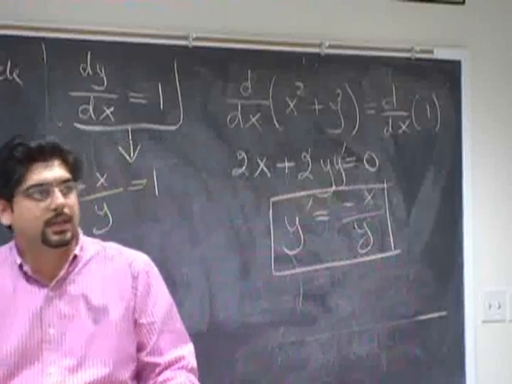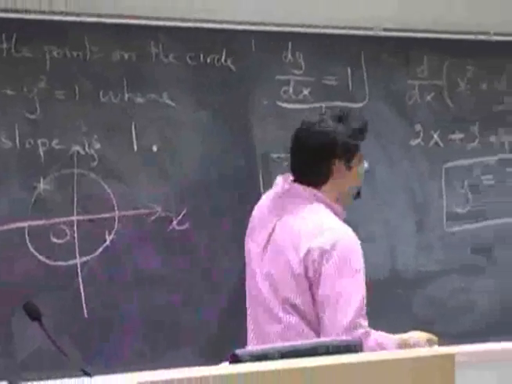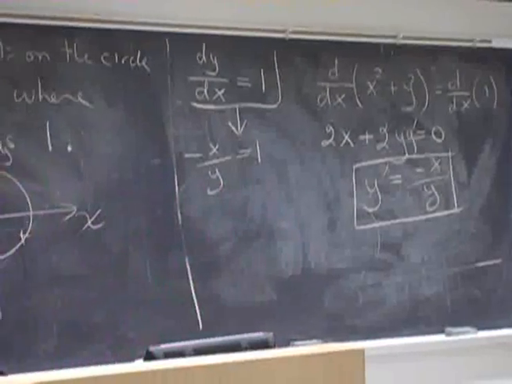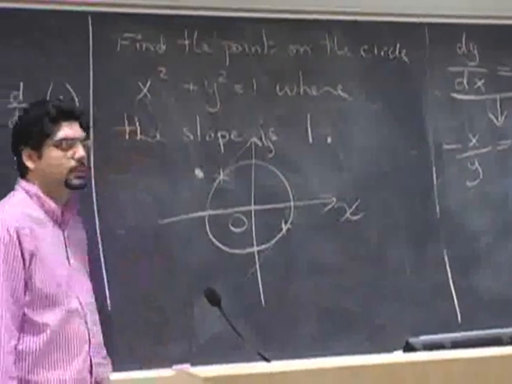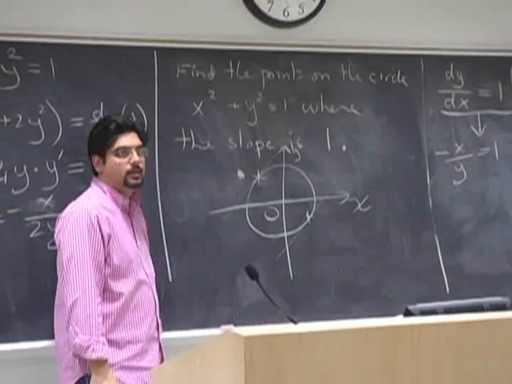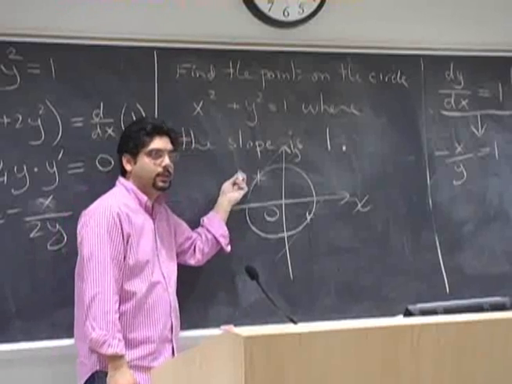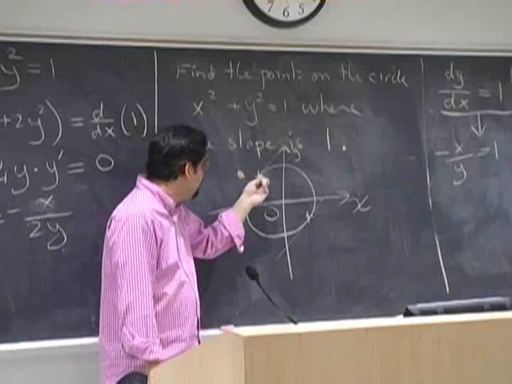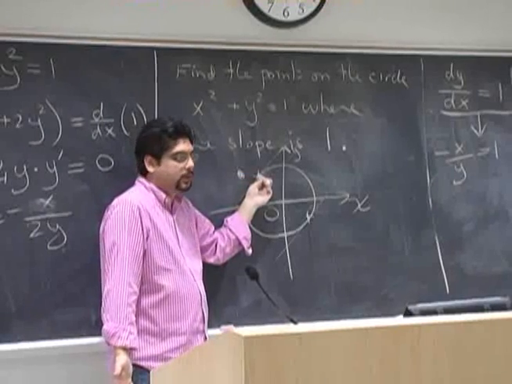Give me 2 numbers that that's true for. Negative 1 and 1, right? Here's where negative 1 is. Here's where 1 is. Right? That doesn't make any sense. That point doesn't make any sense because it's not even on the curve. Right? You want a point on the curve where the slope is 1. Okay?